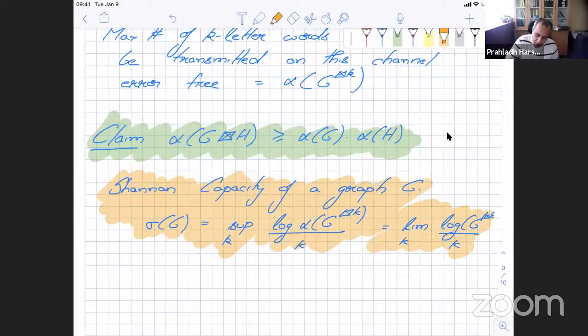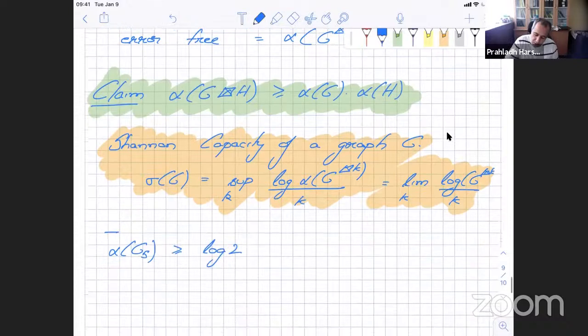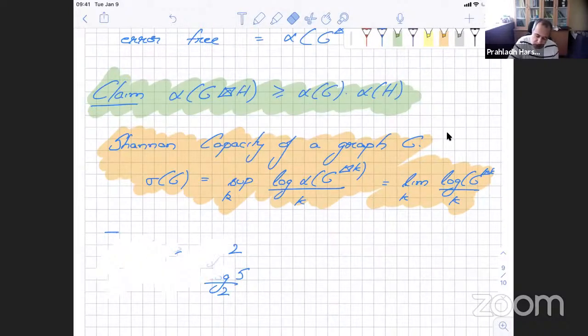And what we already saw was that for the case of C5, alpha of C5 is 2.